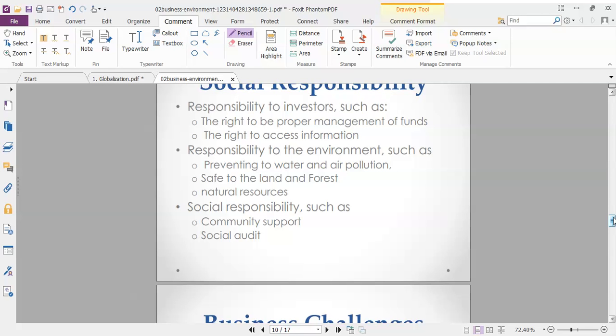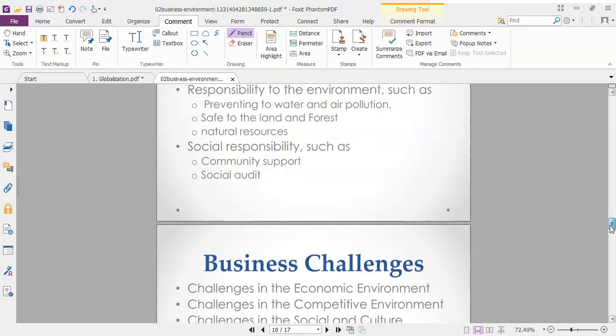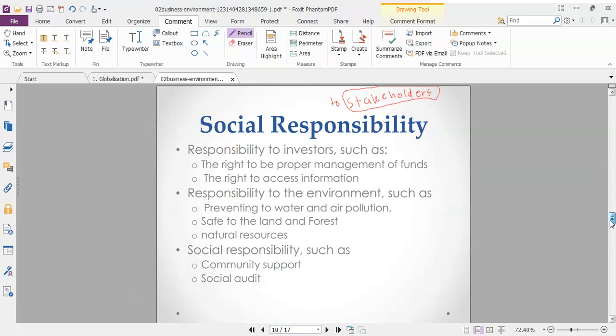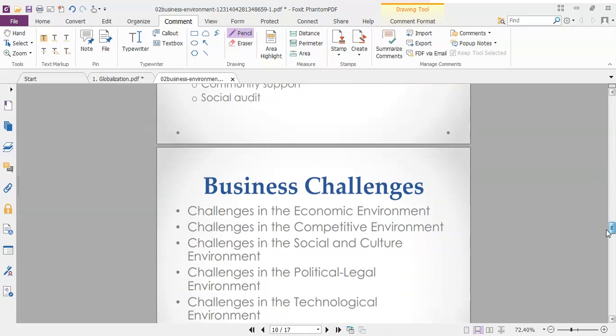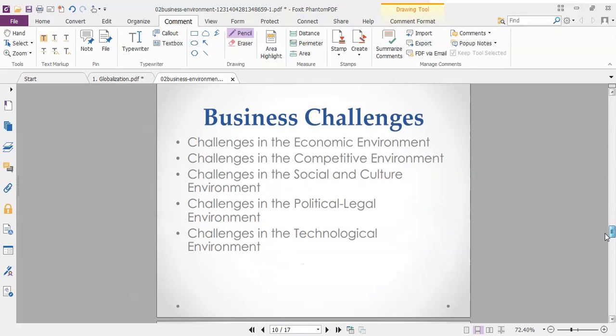And then save the land and forest and other natural resources. Social responsibilities such as community support and also social audit. So that is the social responsibility to the stakeholders in the business environment. So what are the business challenges?